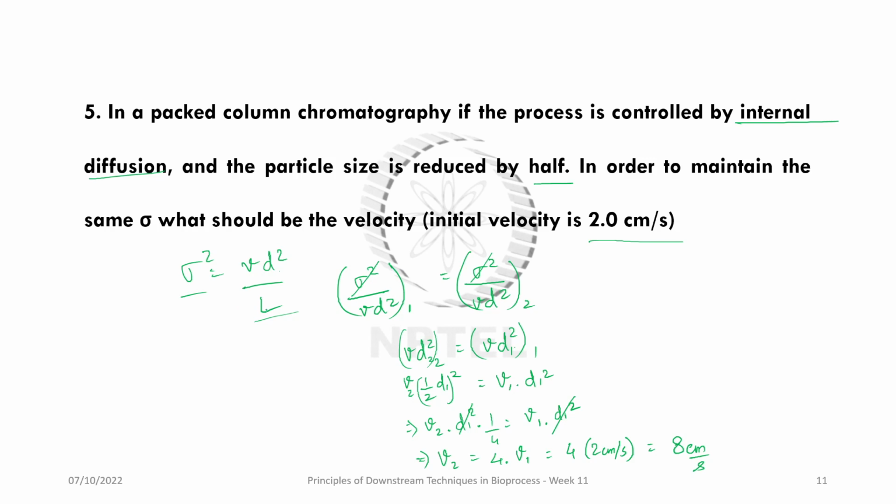Correct? So keeping sigma square L as constant, Vd square of the first case is equal to Vd square of the second case. So you're reducing this by half, so there's a denominator of 4 which goes to the other side, and these get cancelled. So V2 is equal to 4 times V1, which is 8. Clear? You guys are being extremely silent today.